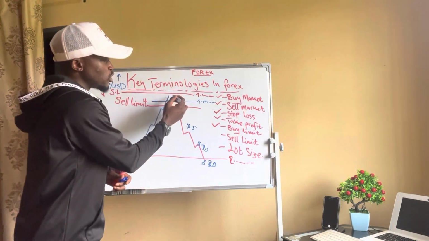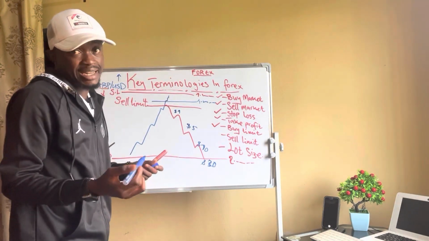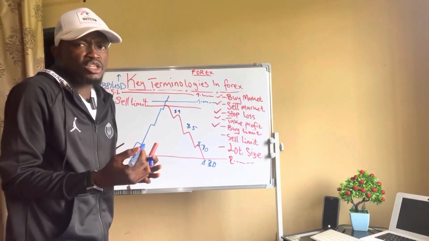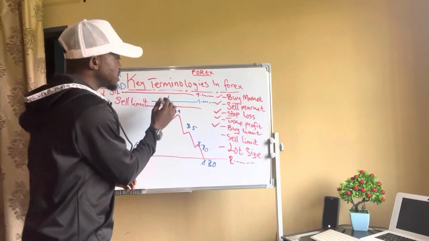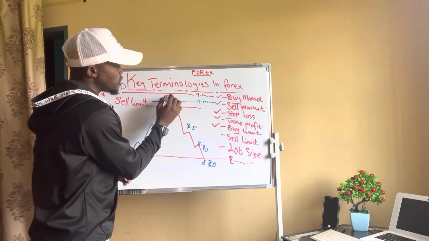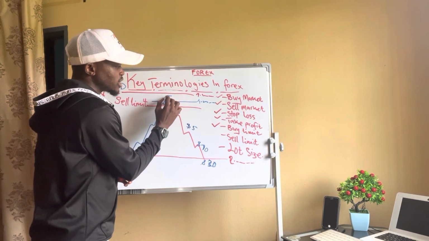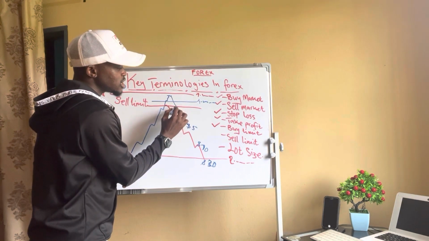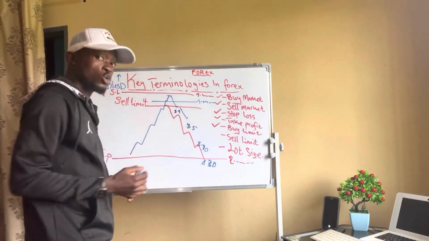Let me close before it reaches the $10 loss. Maybe I'll close at $8 or $7. Not knowing that it is struggling just to test your patience and see what you will do. Maybe if you close the trade here without it touching your stop loss, the trade can just turn immediately from here and start selling. When it reaches this level, you are supposed to be in profit, but now you have gone and closed.